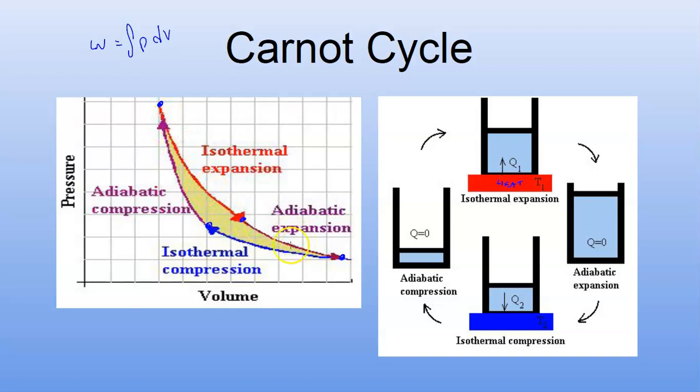All right. So again, that's a little bit harder to think about. How do we get the work? It's the area inside the curve. Okay. So we could find that area with calculus and some other ways right there, but that's going to be how much work we get out of it.